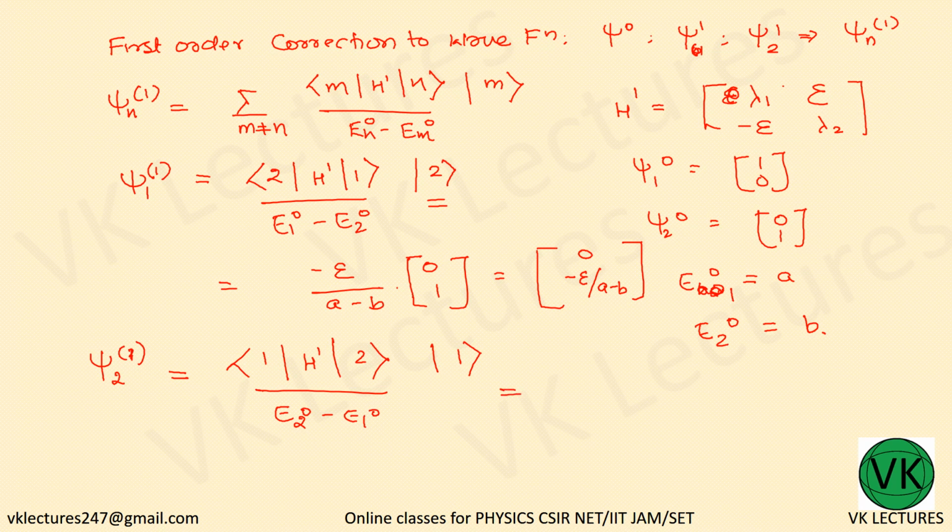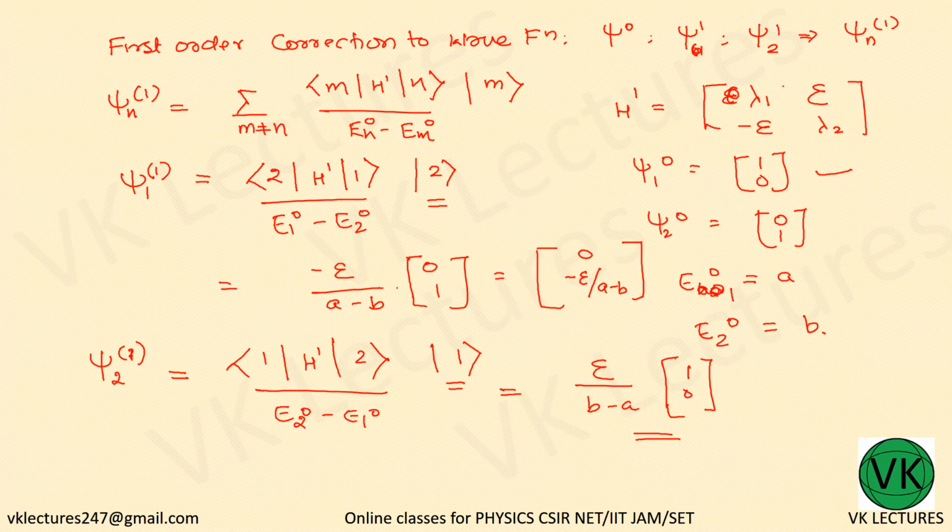So 1 h dash 2 is the first row, second column, that is E, divided by B minus A, into the first state, 1 0.